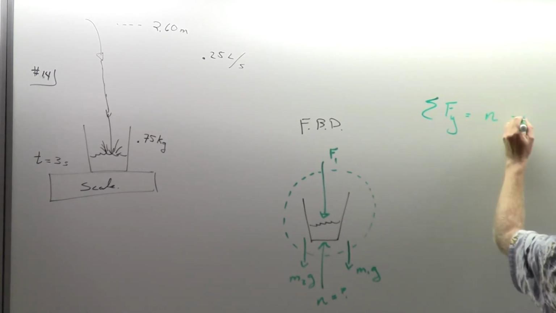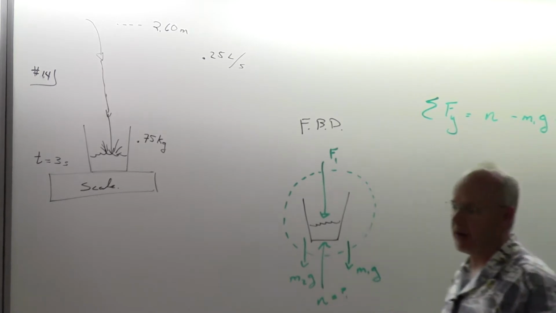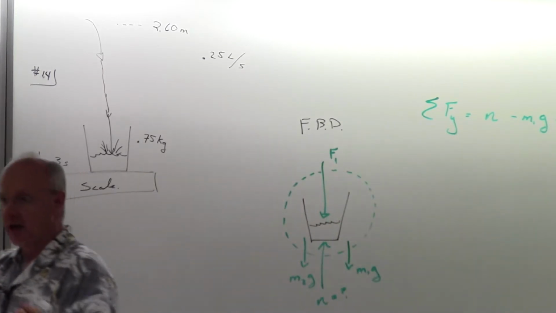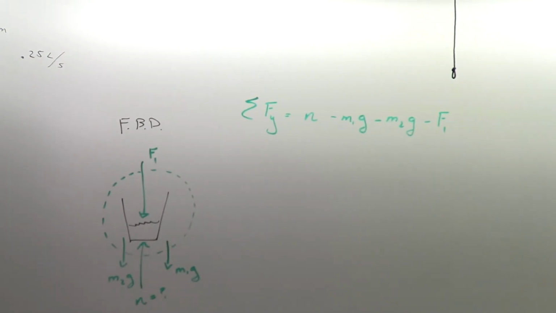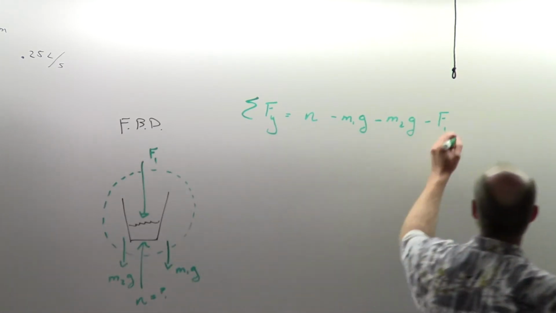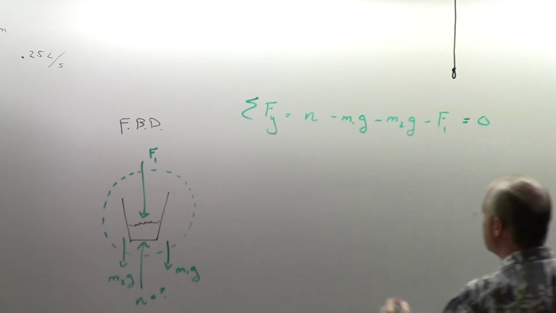I would have then an M1G pushing down, an M2G pushing down, and the reason I picked this problem was for that new piece. The momentum, the impact that the water, as it comes down, makes into the bucket. And so all of this should add up to be 0 since the whole bucket is not accelerating.